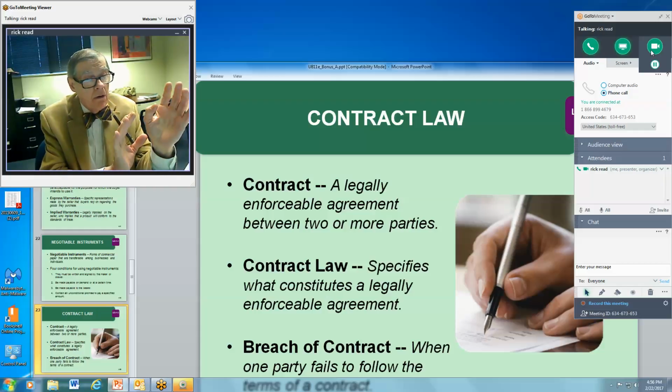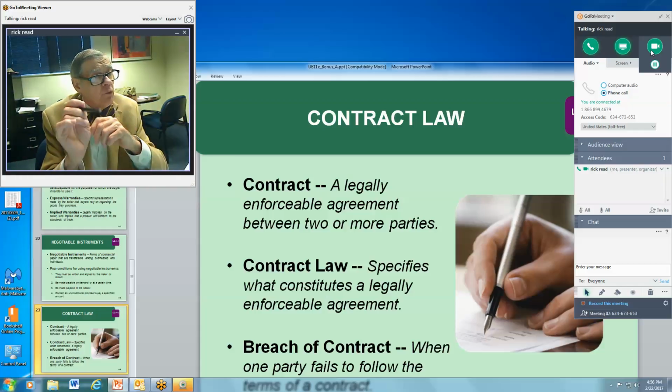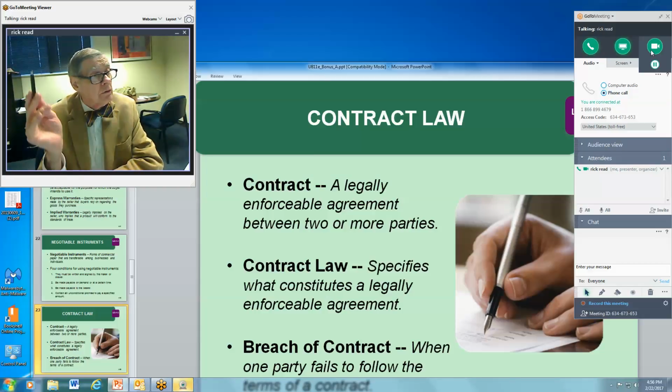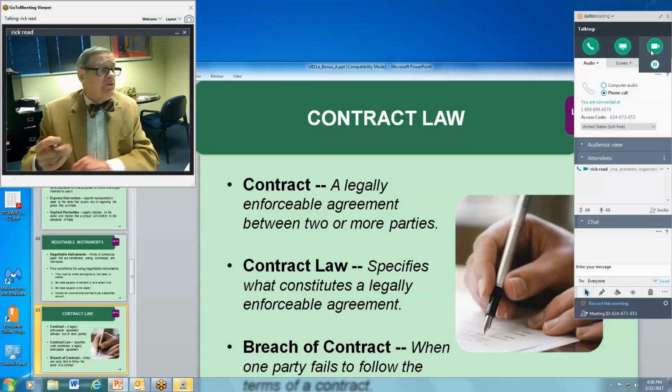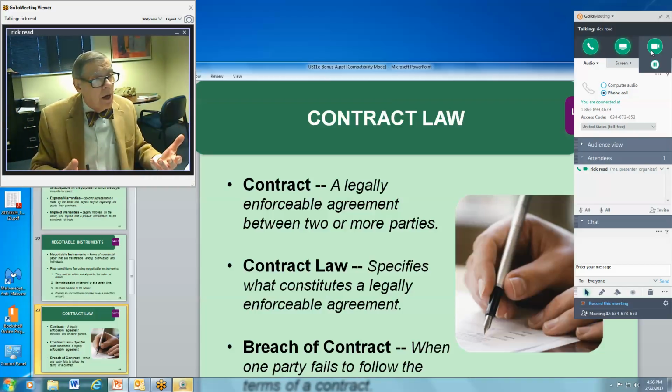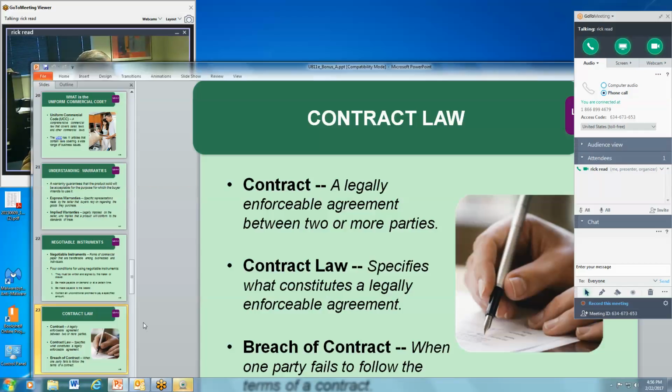Contract law specifies what constitutes a legally enforceable agreement. Some things are not legally enforceable because they're clearly outside the law. And a breach of contract is simple. One party fails to live up to his or her end of the contract. I really don't need any more information on that. That's a very simple statement there.